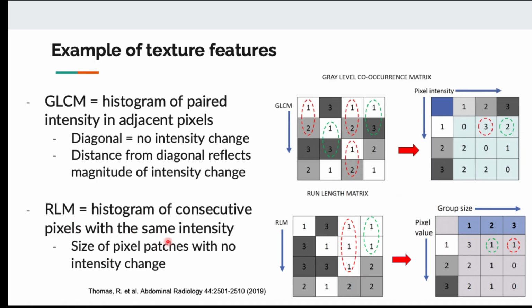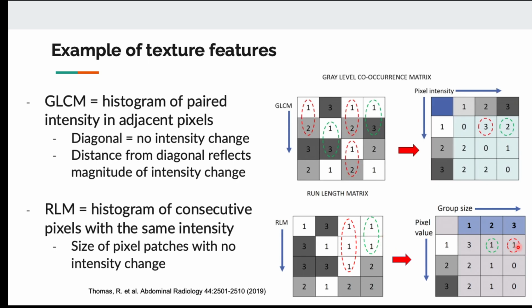So this histogram is about how long can you find pixels that are next to each other and they are of the same number. So in this case, if we want to find how many pixels in this image that have the intensity value of 1 and they are next to another pixel with the same intensity of 1. There is only one here, 1 and 1.